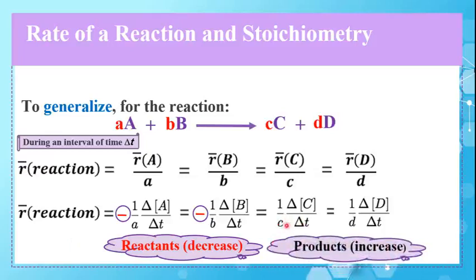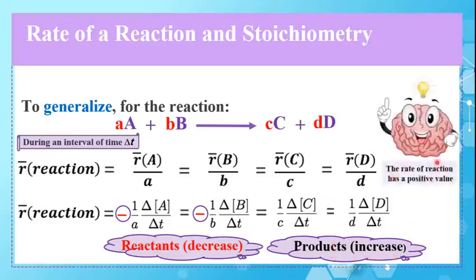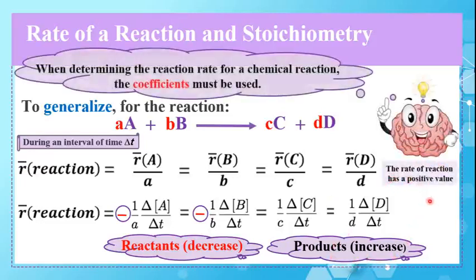While this is not a problem for the product, since the concentration of the product increases with time. So always remember that the rate of a reaction has a positive value, and when we are going to determine the average rate of a reaction, we must use the stoichiometric coefficients of the reactants and the product.